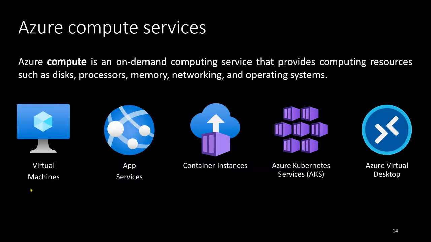It gives you the direct machine, with SSH access, or if you want remote desktop access, that is also available for people using Windows based. If you are using Unix or Linux based, then SSH is the way to go. For app services, you choose the apps that you want to run.